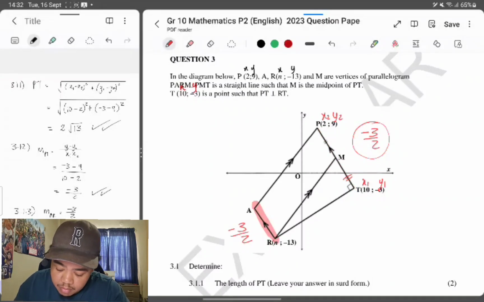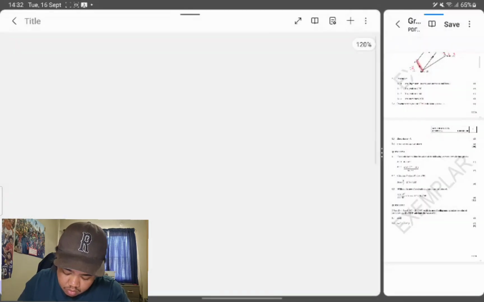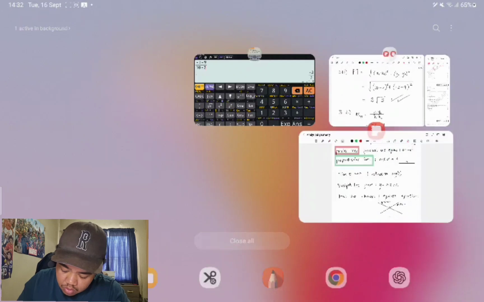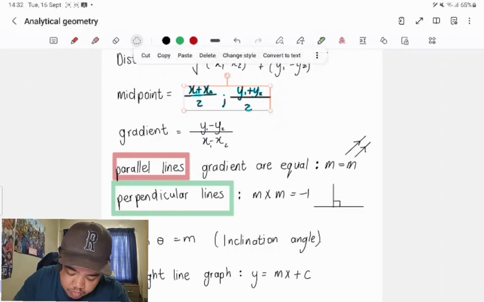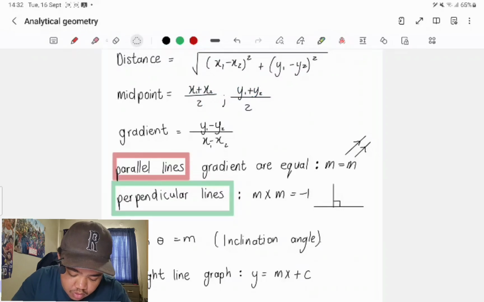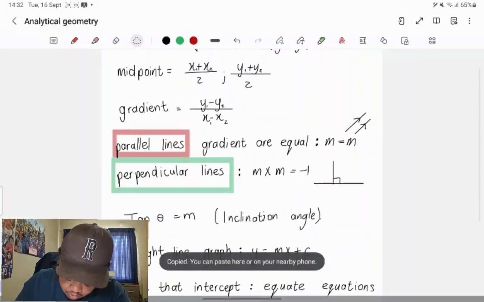Okay, so if M is our midpoint, and they do say that M is the midpoint here, you just need to use your midpoint equation or formula.